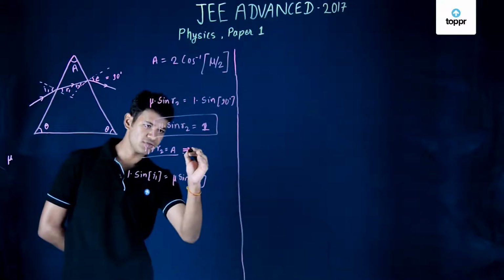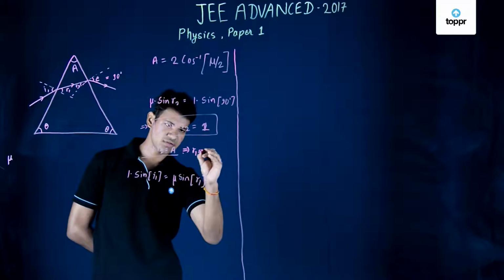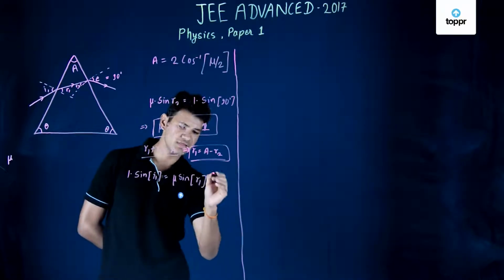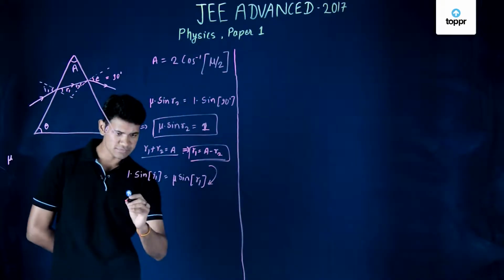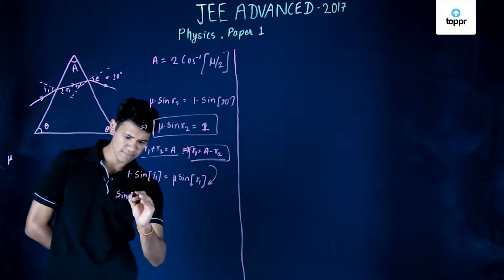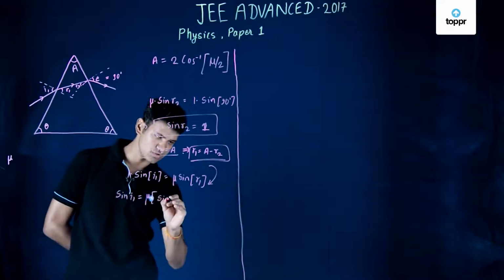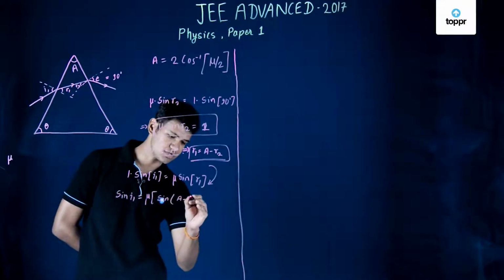So from here we know R1 is A minus R2. Now substituting the value of R1 in this equation, we'll get sine of I1 is equal to mu times sine of A minus R2.